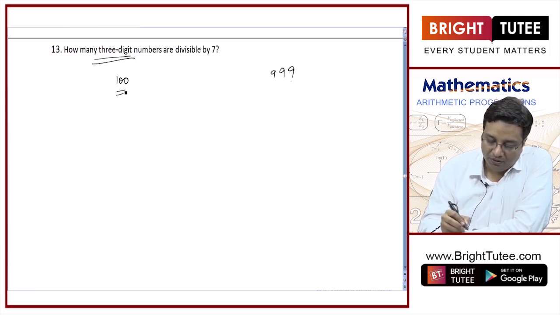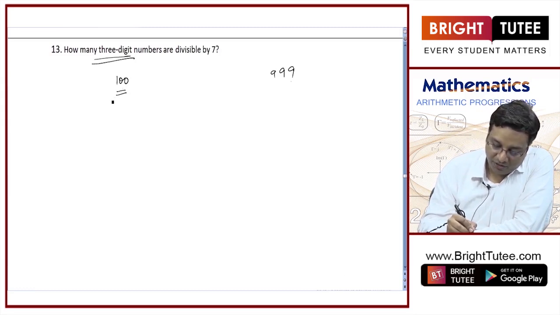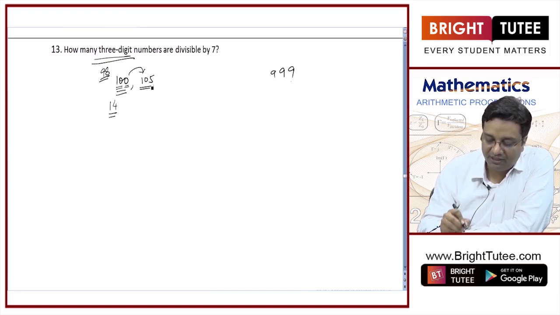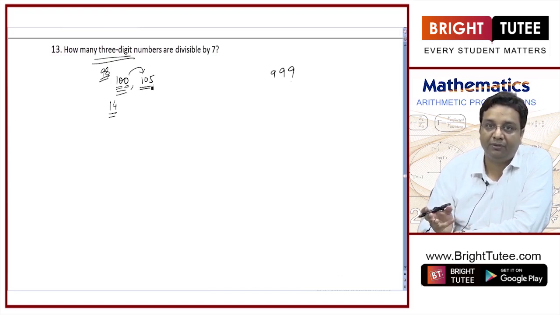So the first 3-digit number, if I divide it by 7, what will be the remainder? 1, 4. So 2 will be the remainder, right? So 98 should be divisible by 7. What will be the next term that will be divisible by 7? 105. 105 is the first 3-digit number which is divisible by 7.